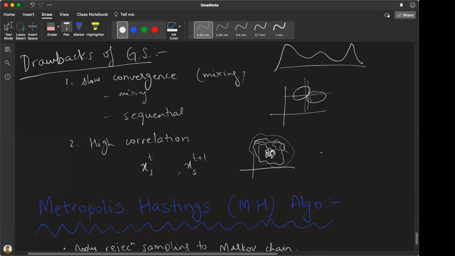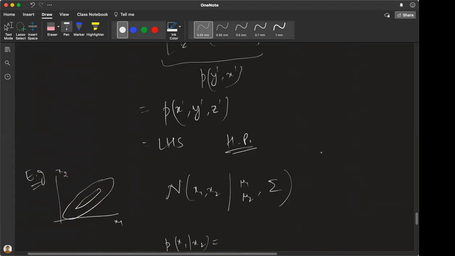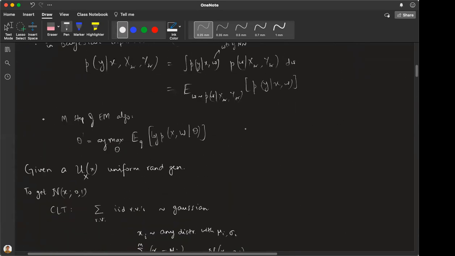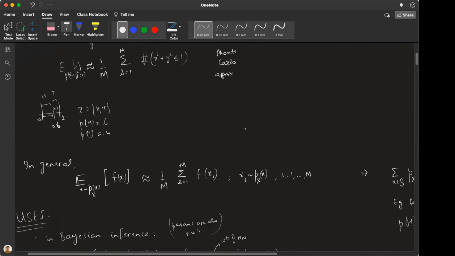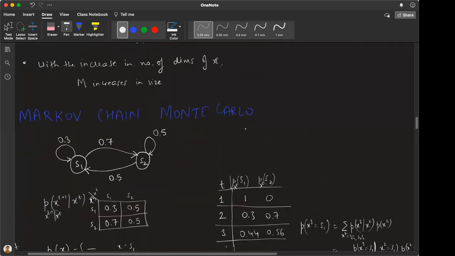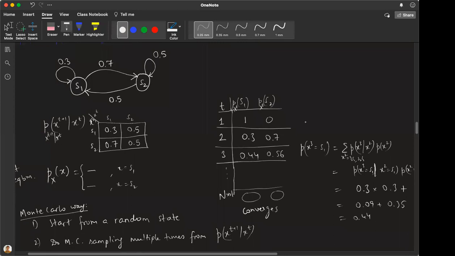Good point. Imagine you are starting a new chain. First you have to sample for a long time to assure that the chain has converged. Come back to the problem we saw in Markov chains: in the beginning my probabilities are not converged, but after running many times, it converges. If you have a large dimensional X, it may be 1,000 or 10,000, so you have to run 10,000 times before it converges.